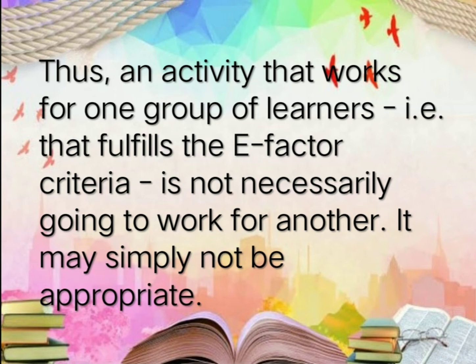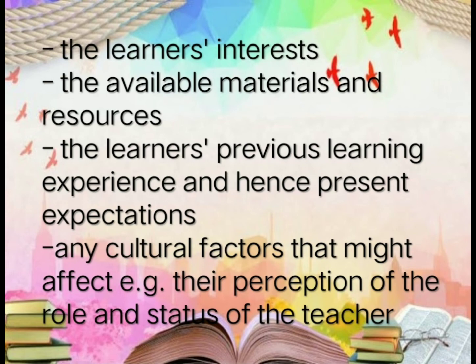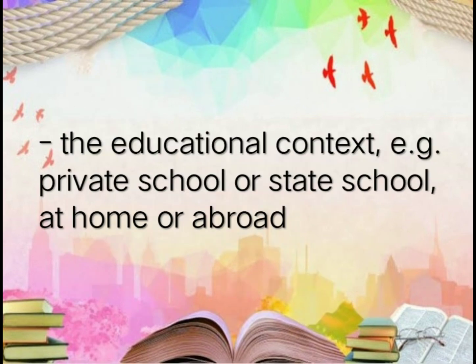Factors to consider when determining appropriacy include the following: the age of the learners, their level, the size of the group, the constitution of the group, for example, monolingual or multilingual, what their needs are, for example, to pass a public examination, the learners' interests, the available materials and resources, the learners' previous learning experiences, and hence present expectations, any cultural factors that might affect their perception of the role and status of the teacher, and lastly, the educational context, for example, private school or state school, at home or abroad.